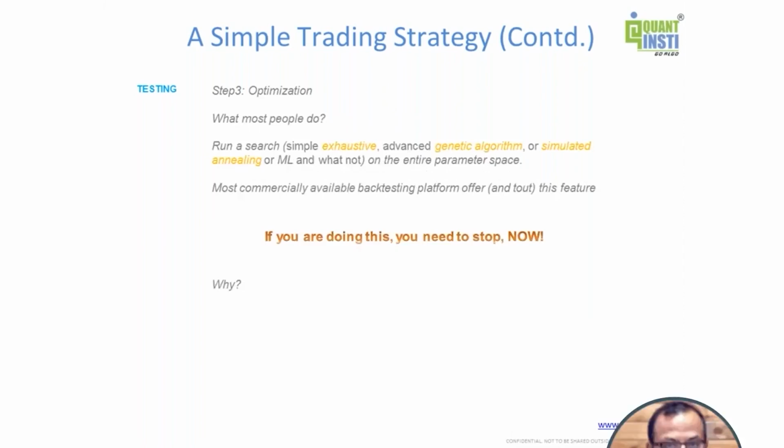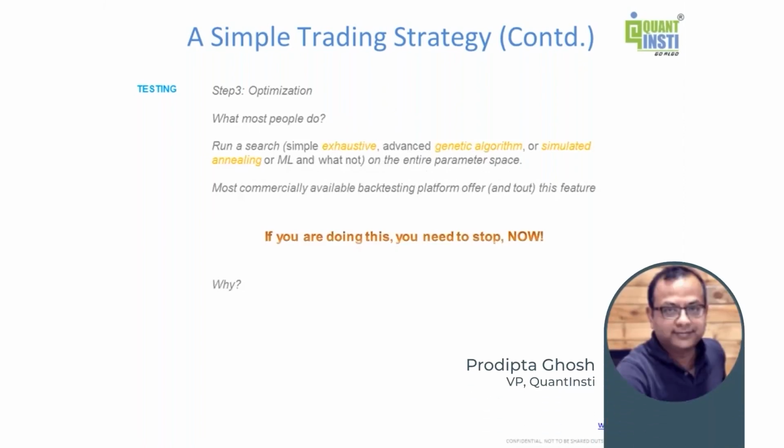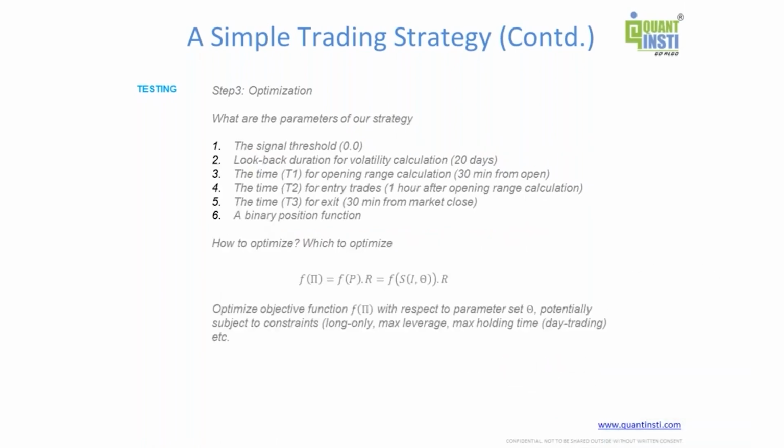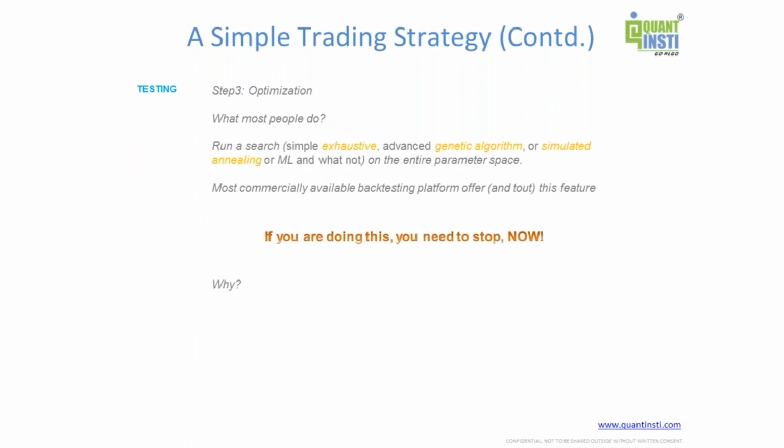The first thing people do is run a search. So we have all these parameters, how many? Some 6 parameters we have. And what people try to do is run a search by changing the parameters within a range and see what combination gives you the maximum objective function, maximum Sharpe or maximum return or minimum vol, whatever.